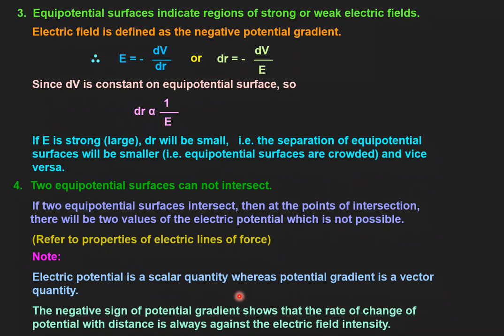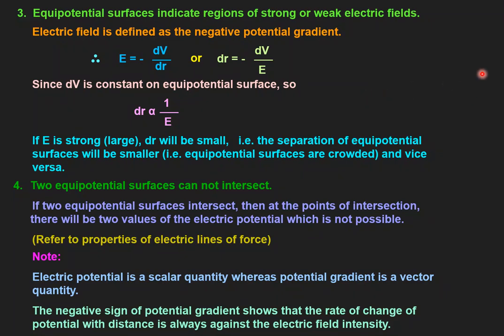The negative sign of potential gradient shows that the rate of change of potential with distance is always against the electric field intensity. Let me take a positive point charge here. The electric field will be radially outward. But if I want to calculate the potential, potential is a function of 1 by r. So potential near this point charge will be high, and as I go away, the potential keeps on reducing.